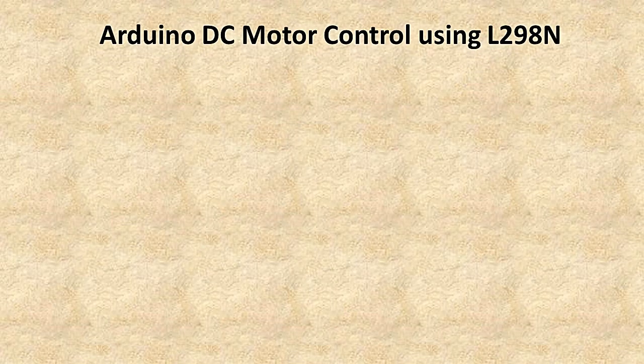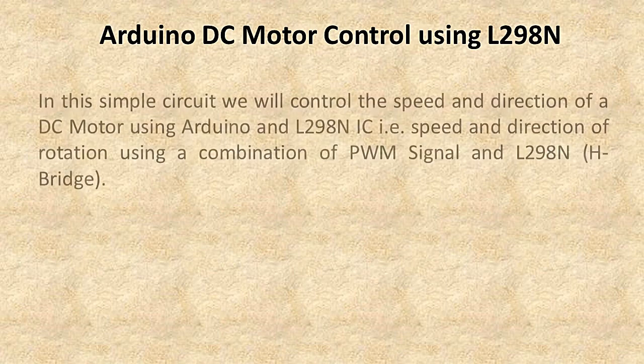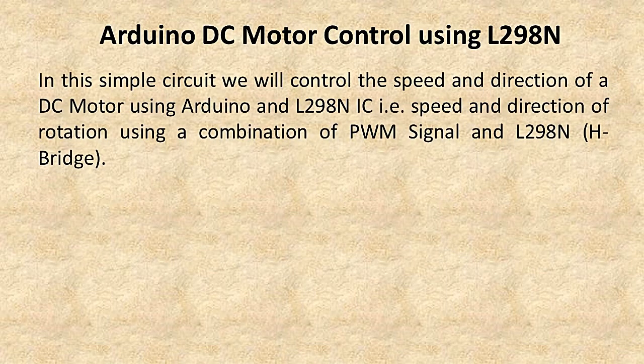Arduino DC motor control using L298N. In this simple circuit, we will control the speed and direction of the DC motor using Arduino and L298N IC, that is, speed and direction of the rotation using a combination of PWM signal and L298N H bridge.